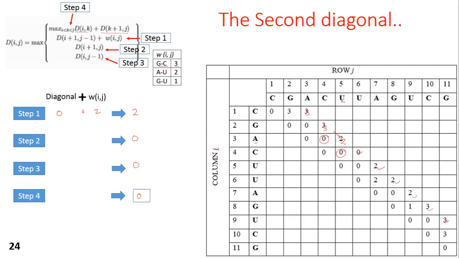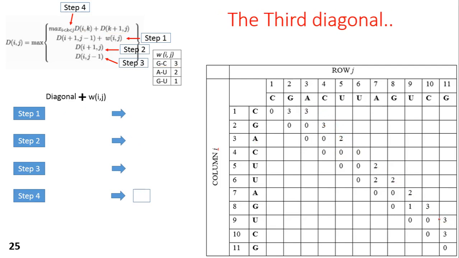Once you end up with your second diagonal, you would move on to the third diagonal, that is we would start from over here now, and then move on like this. After reaching, we would start out with the next diagonal, complete it, start out with the next diagonal, and we would reach the final position. Okay, so this is how you have populated the second diagonal.